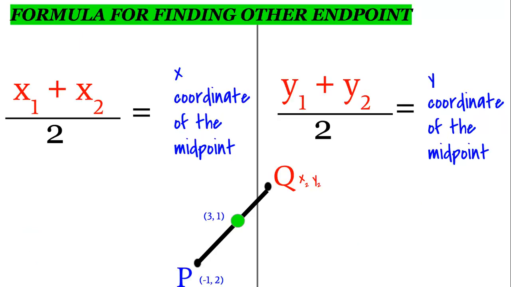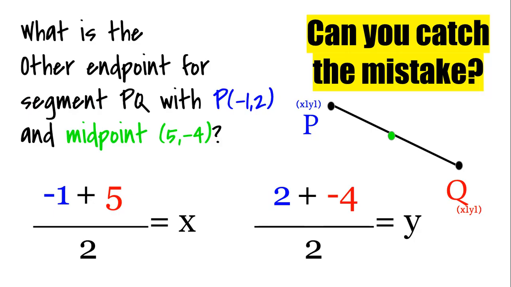All right, let's see if you can spot the mistake. Here's our formula for finding the other endpoint. And in this example, there's a mistake.